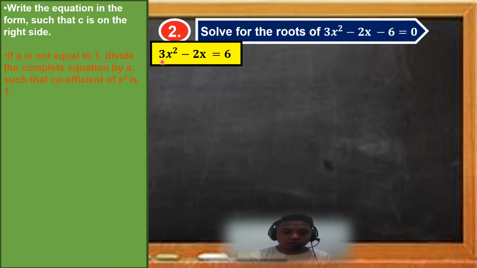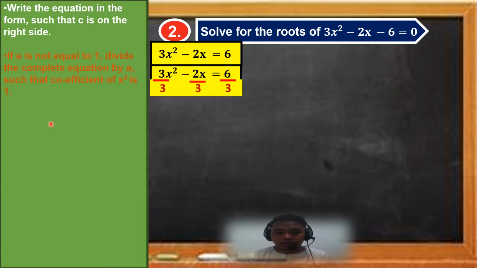So, ito, meron tayong 3 dito. So, anong gagawin? I-divide mo sa a. Ano ba yung a? Yung 3. So, we're going to divide the whole equation. Lahat, hindi pwedeng isa. Kasi pag sa equation, kung anong gagawin mo sa kaliwa, gagawin mo din sa kanan. Kaya nga equal eh. Yan.